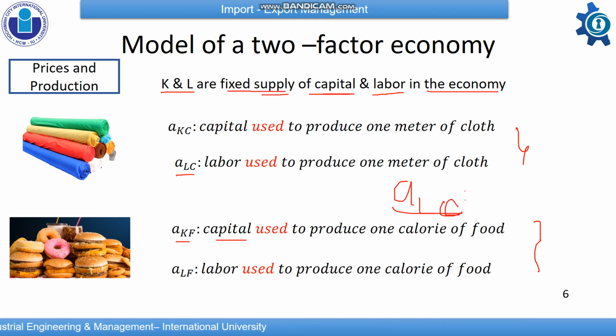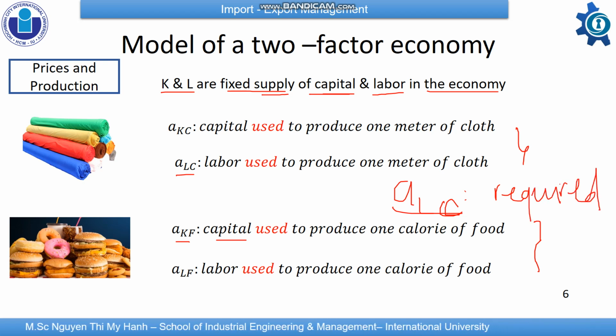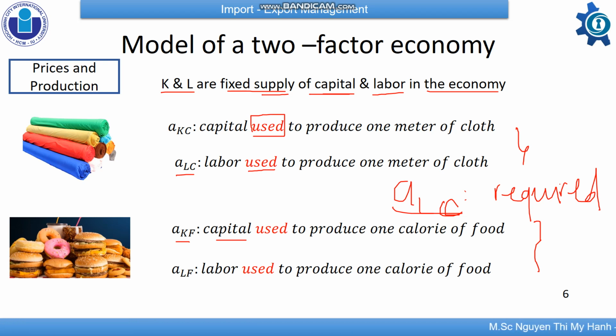ALC in the Ricardian model is the unit labor requirement to produce 1 pound of cheese, right? So it's required. But here it is the labor we use. Here we can control the resources, the capital and labor, we want to use to produce the products. It's not required, but we can choose.